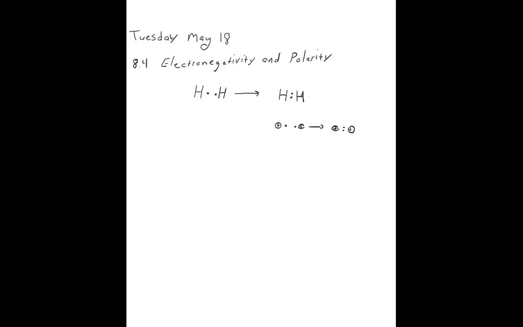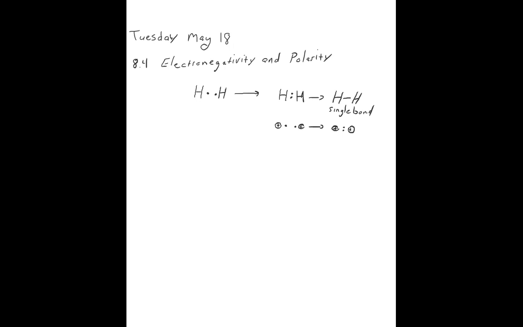So the atoms are held together. And typically we use line notation to represent this sharing of electrons. When we have one pair of electrons shared between two nuclei, we call this a single bond. Okay, and it's an example of a covalent bond.